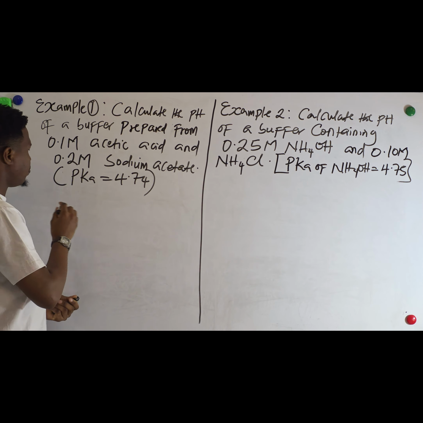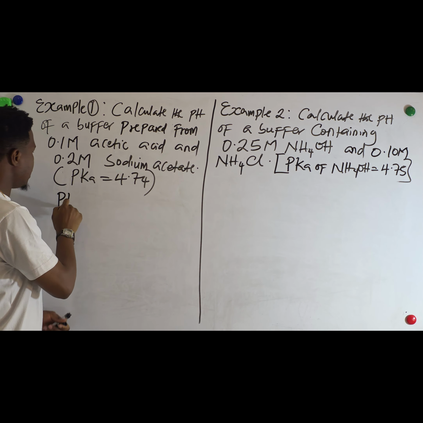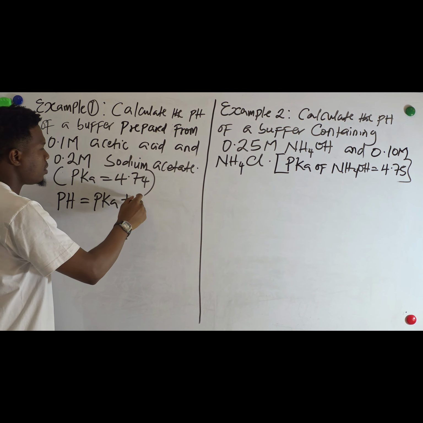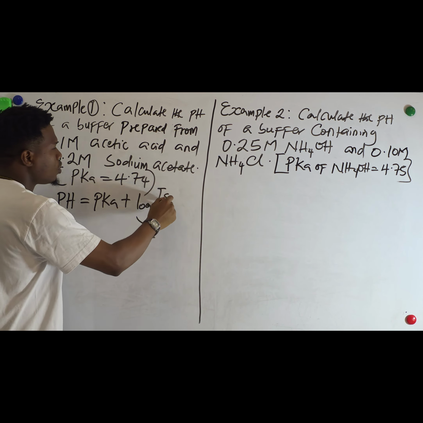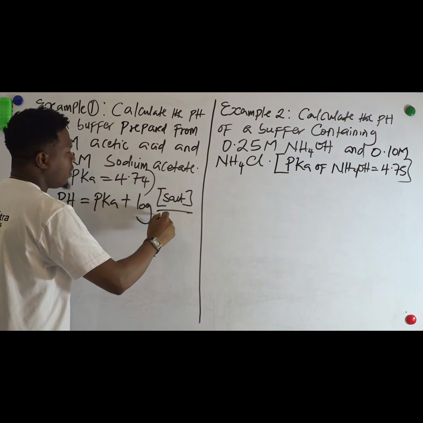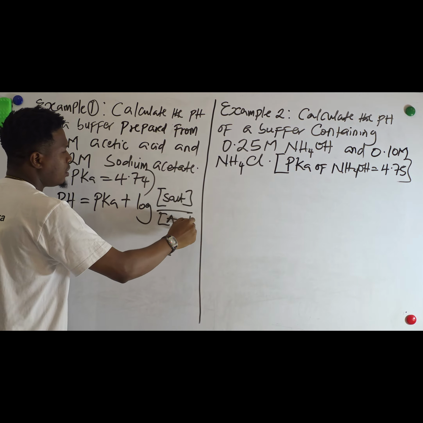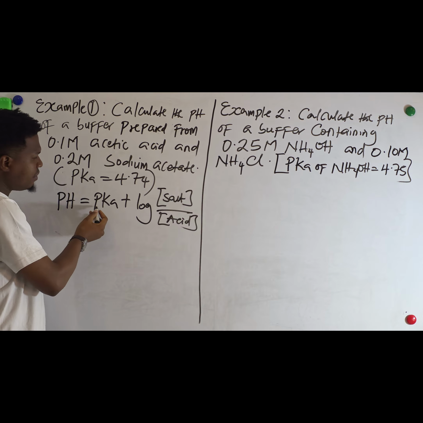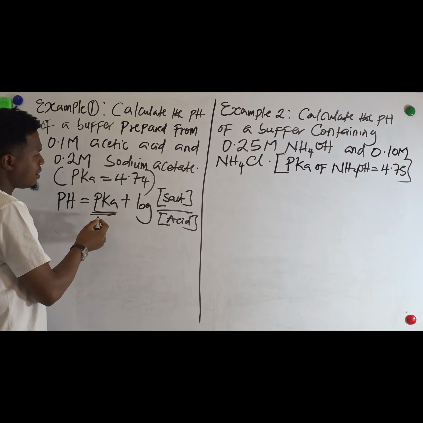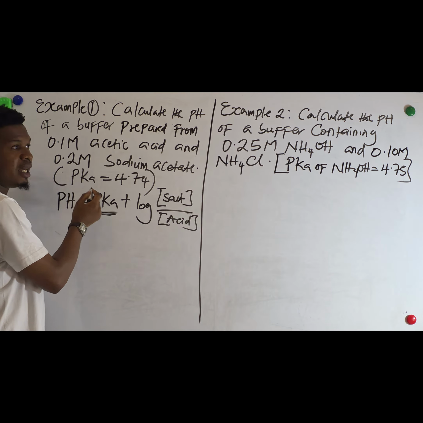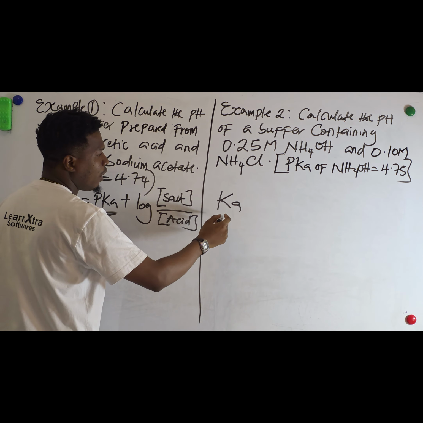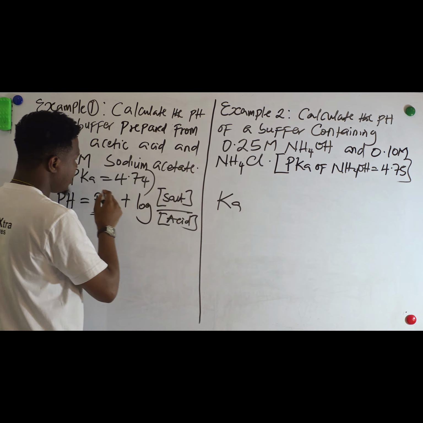So the formula to calculate this is pH is equal to pKa plus log salt over acid, their concentrations. This pKa has already been given to you. But remember that if they didn't give us the pKa, and they gave us the Ka instead, we are going to use this Ka and find the pKa.